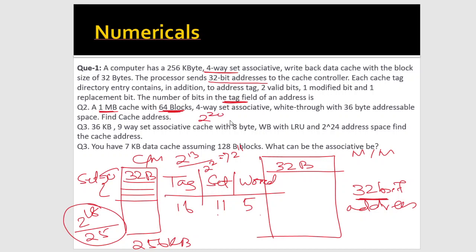Number of blocks is 64, that is 2 to the 6. So it will give me 2 to the 20 minus 6, 14.